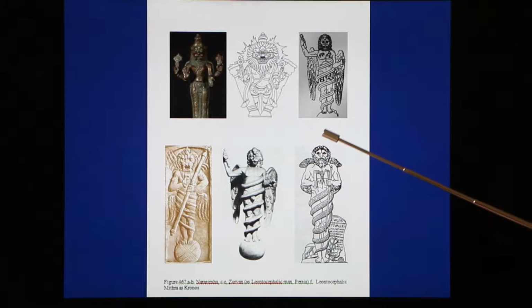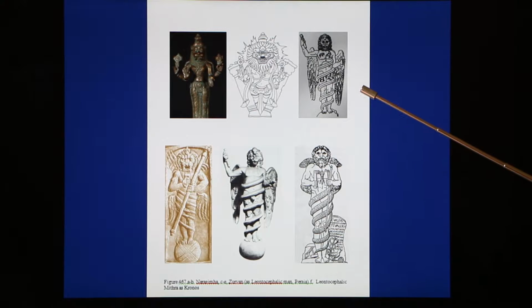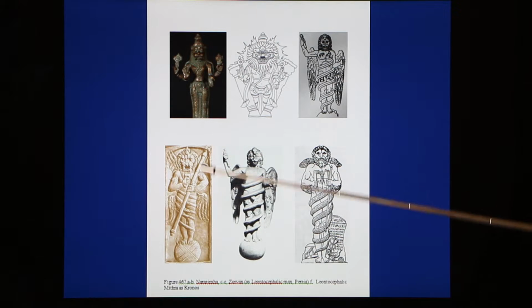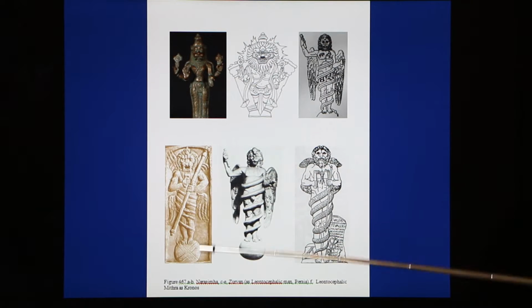Now, if we go to Persia, we find a god Zurvan as a leontocephalic man, so a man with a lion head. And if we go further in Persia, we have Mithra as, first of all, a leontocephalic man, and then as this.